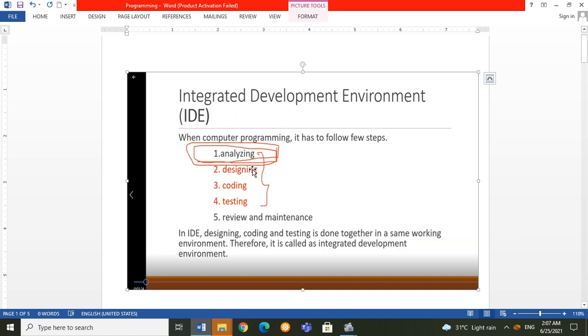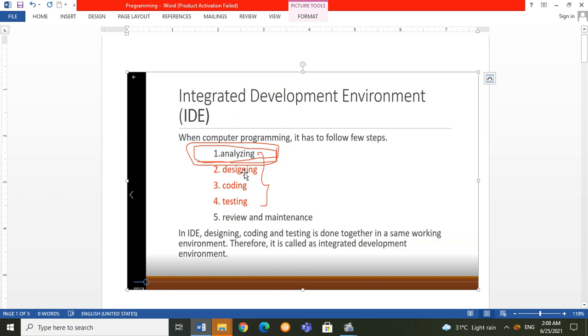So once you find out the problem, you have to design this. First of all, you have to find the problem, or else before starting actual programming, you have to clearly get the picture of what the problem is and what to do with the programming. So we call it designing.